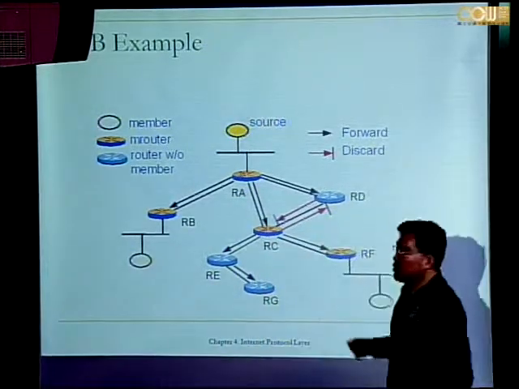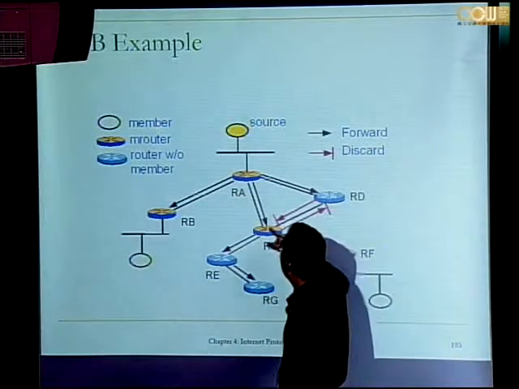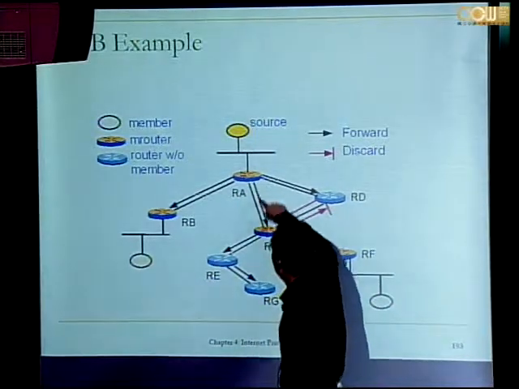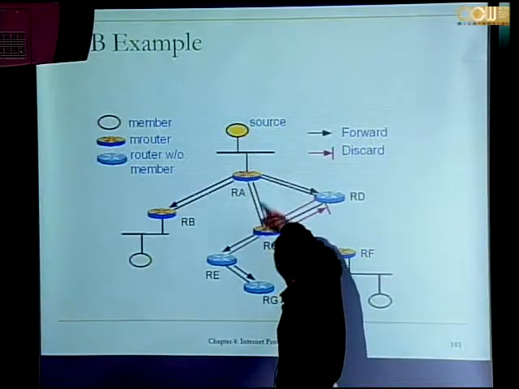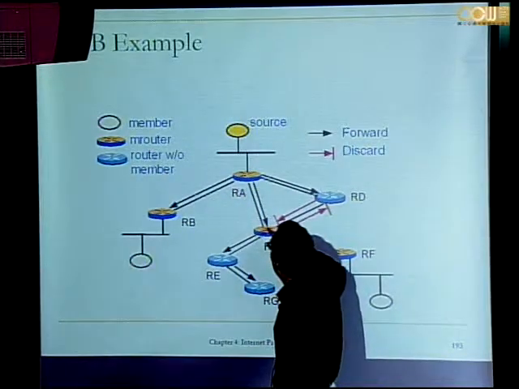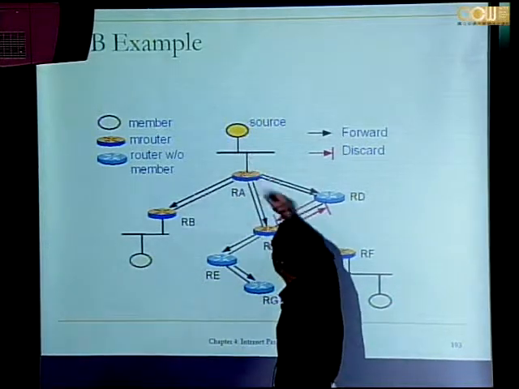And there's an assumption made here: that I forward this packet because the source of the packet is that one, and it is received on the interface that is on the shortest path back to the source.